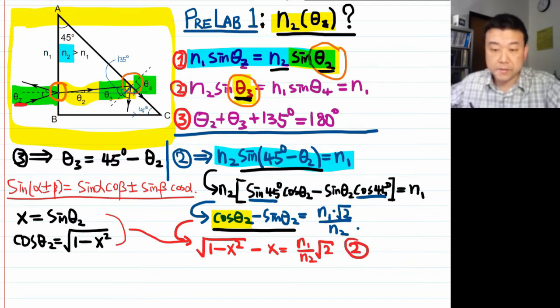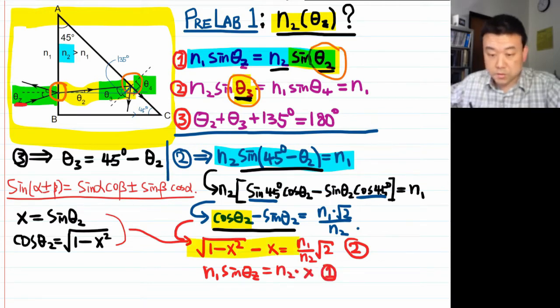And let me write down the newest version of equation 1. That is n1 times sine of theta g is equal to n2 times x. So you have these two equations, two unknowns, x and n2, and you should be able to solve for it.